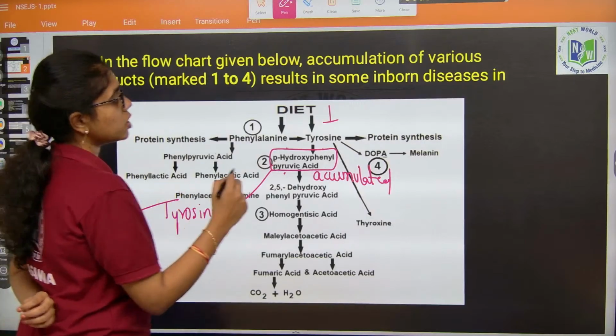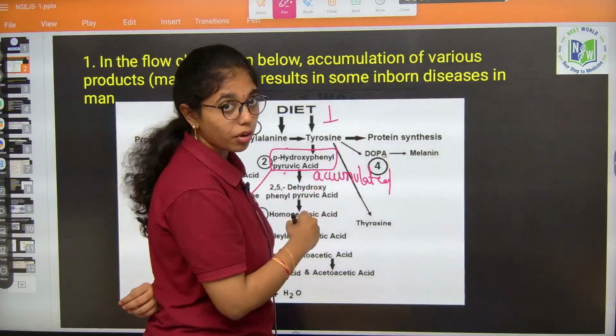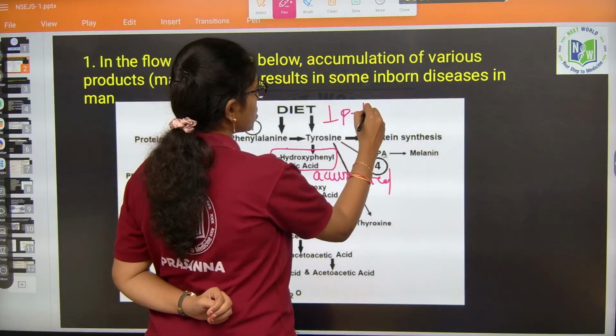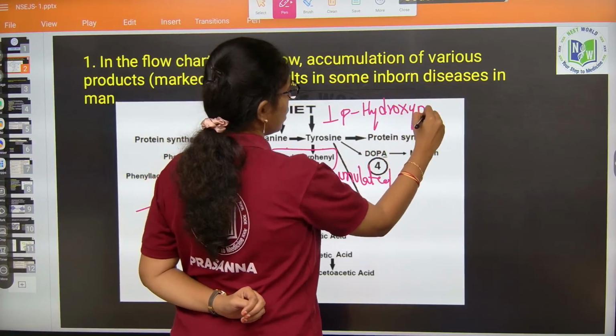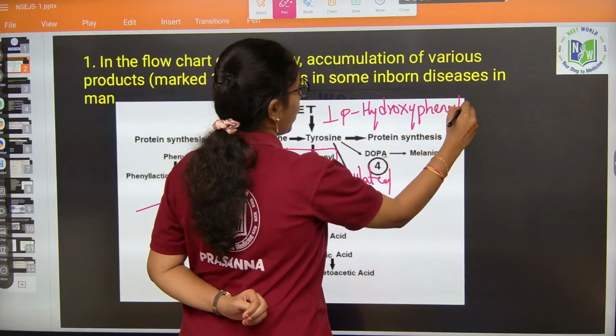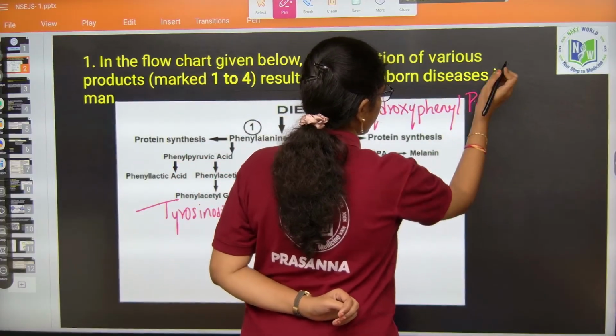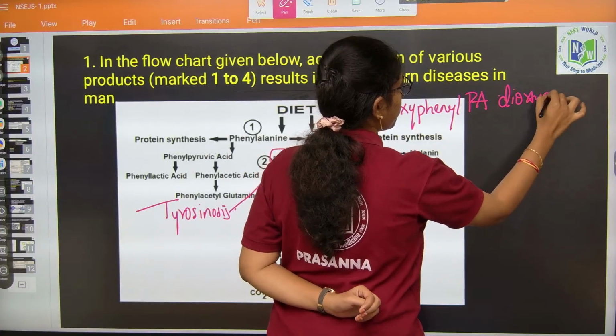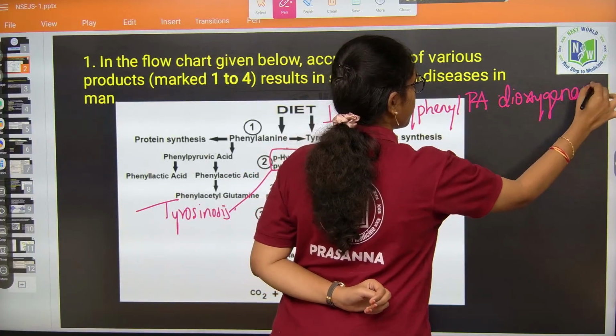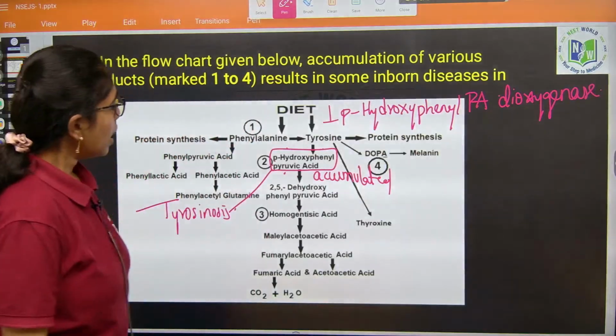Fine, and this is because of the deficiency of what enzyme? P-hydroxyphenylpyruvic acid dioxygenase. Clear?